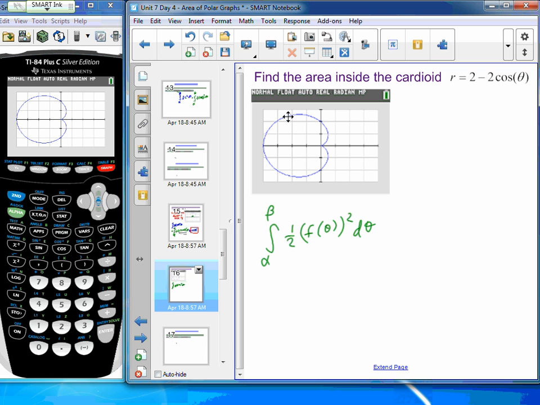In this particular case, it is the integral from 0 to 2 pi of 1/2 times 2 minus 2 cosine theta, squared d theta. And this looks like a job for Math 9.